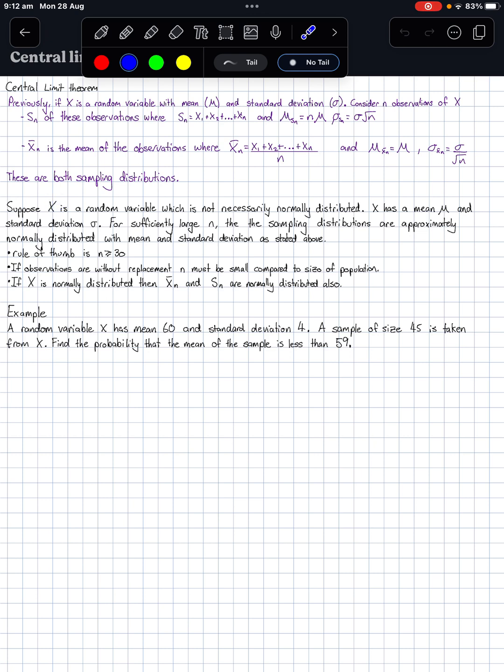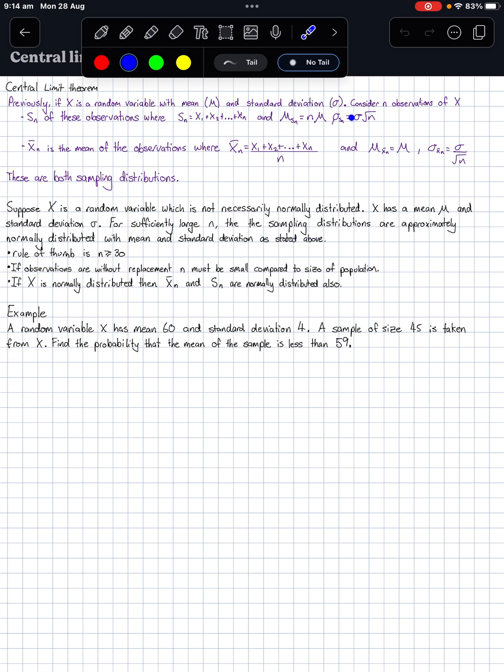But what the central limit theorem actually means is that if we have a little bit of information, so we've got this random variable and it's not normally distributed and it has a mean and a standard deviation, we can take a sufficiently large number of trials, so we can do this variable a certain number of times, and these two sampling distributions up here will become normally distributed with a mean and standard deviation as stated above.